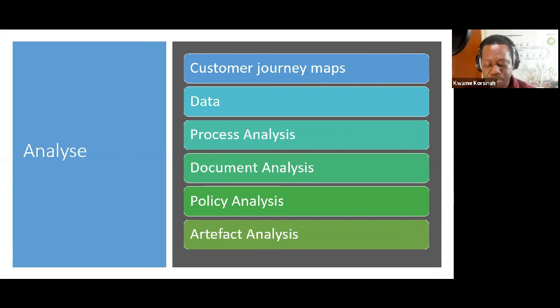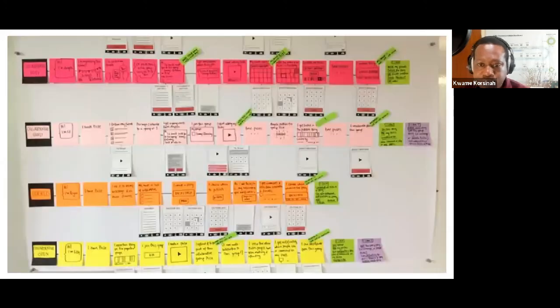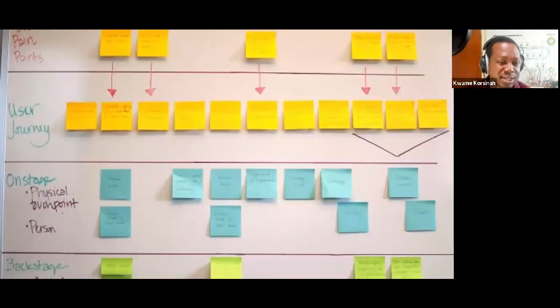You start with the people, the organization, the various processes, and then the systems. At the very top, you could add your pain points. When you look at this, they've got the pain points at the top, the user journey, the physical touch points, and the backstage, which will be the systems.